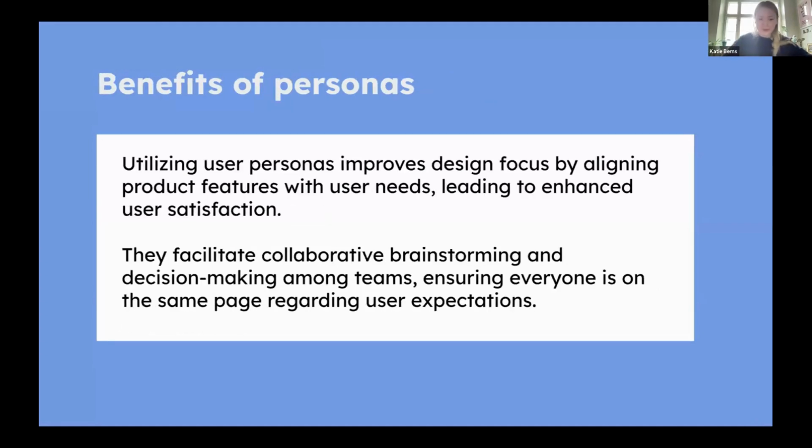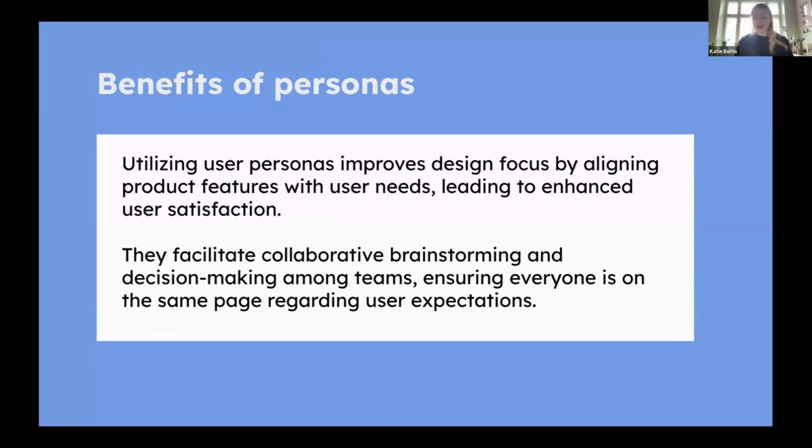So I think I've already gone through the benefits of it, but it really helps us align the features with the needs in a really tangible way. And as I said about revisiting this persona throughout the design process, it's also a matter of facilitating collaboration within the team. So we're all working towards the same goal.